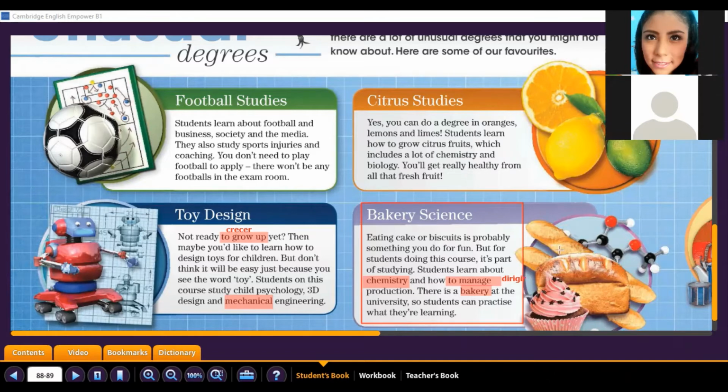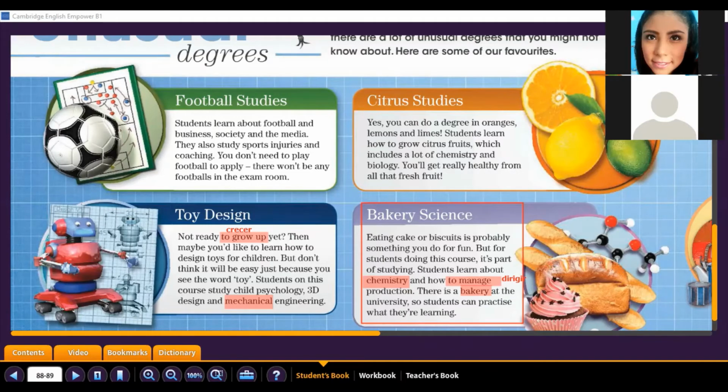Panadería. Exactly, la panadería, ¿no? There is a bakery at the university, so students can practice what they are learning. Sí, hay una panadería en esta universidad, así que los estudiantes pueden practicar lo que están aprendiendo.